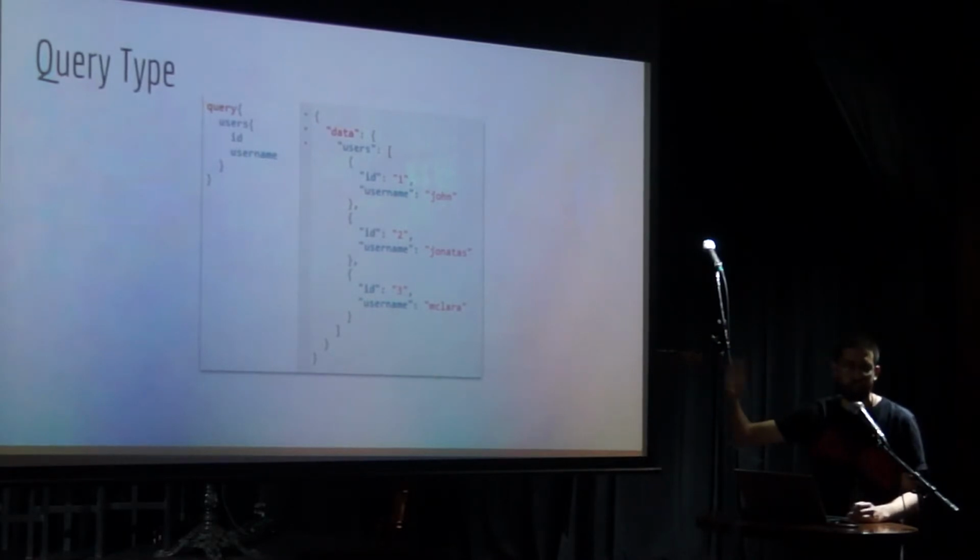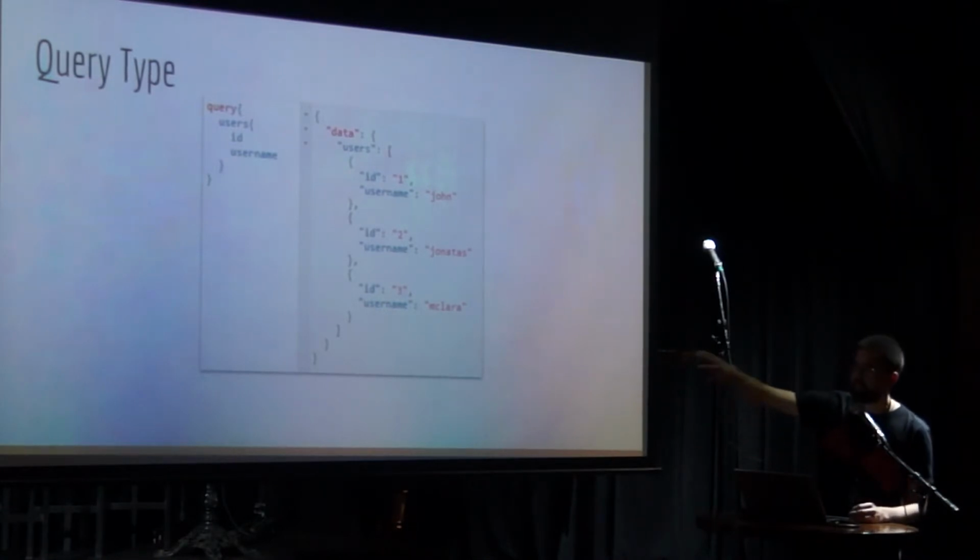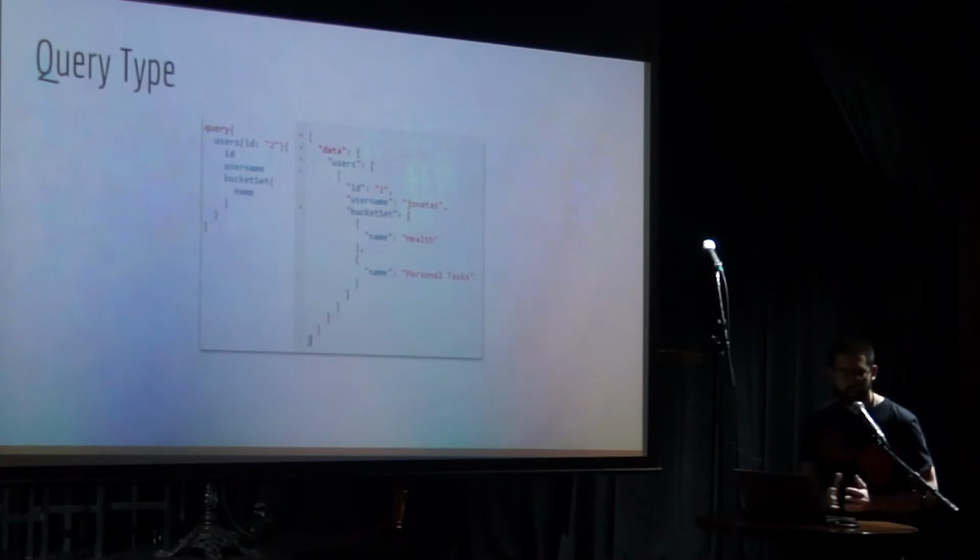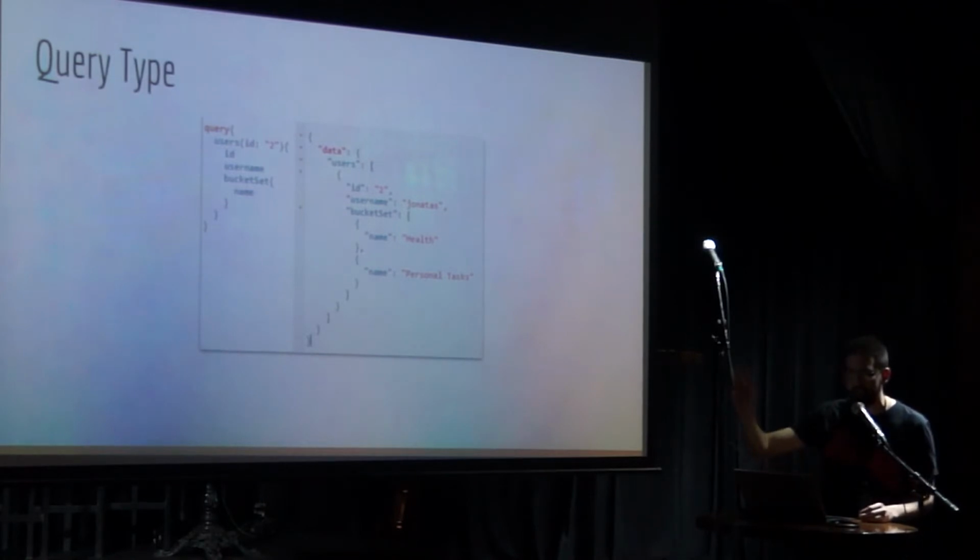If I, for any reason, want to change the order between ID and username, it will work the same, and the results on the right side will be in the same order that I requested. I can do queries by sending variables the same way as we can do in REST APIs too. In this example here, I send the ID 2, where I want the data related to the user with the ID equals 2.